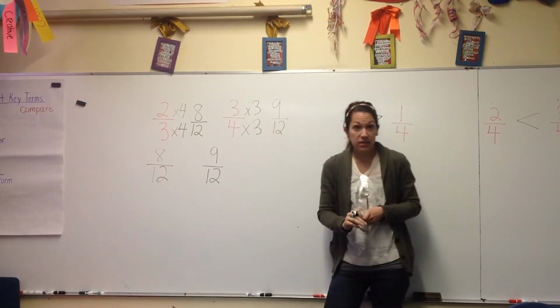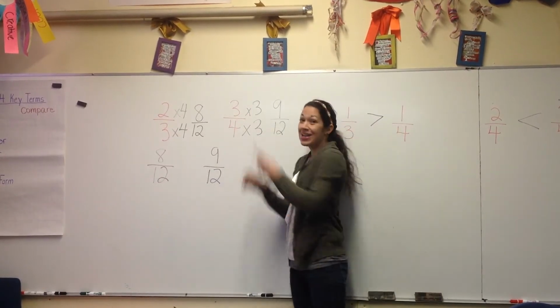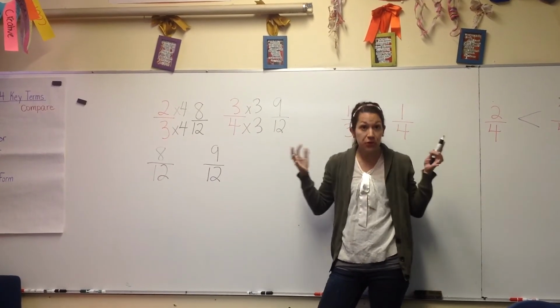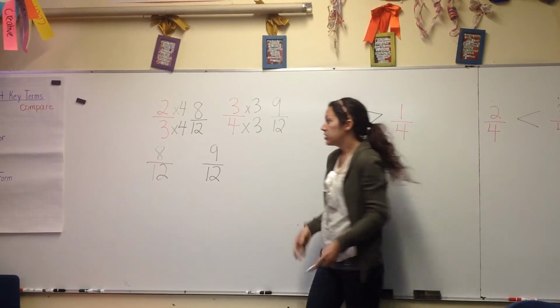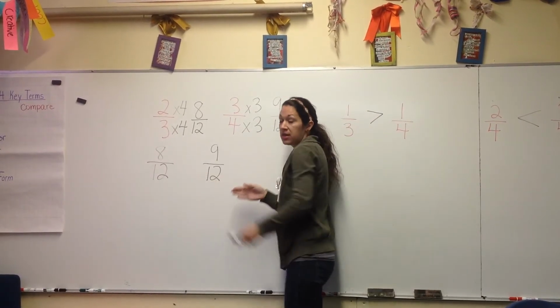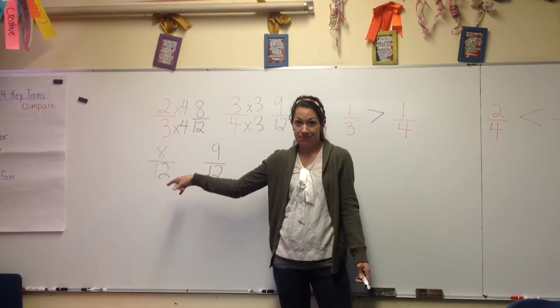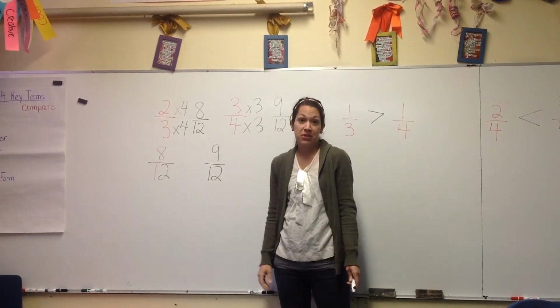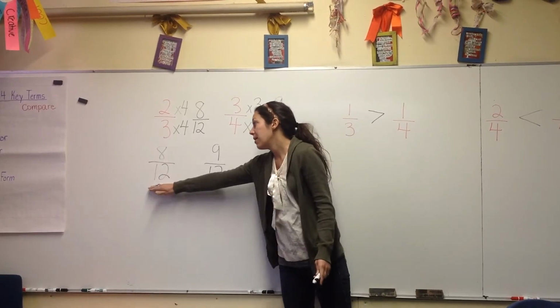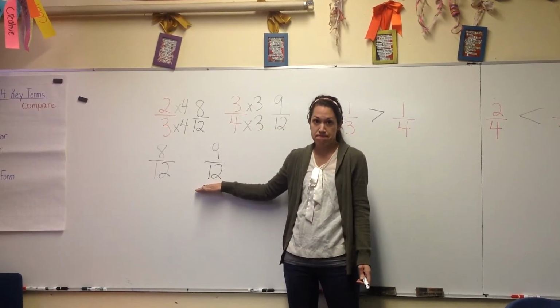So what I did was I turned two unlike fractions with different numerators into like fractions. Can you remember why they are like fractions? Because of the denominator, right? Our denominator is the same.